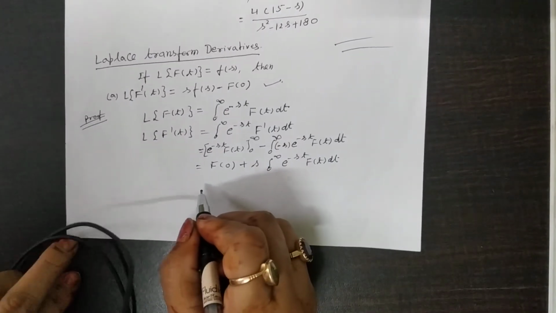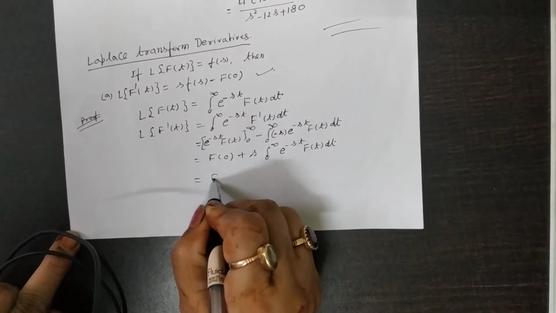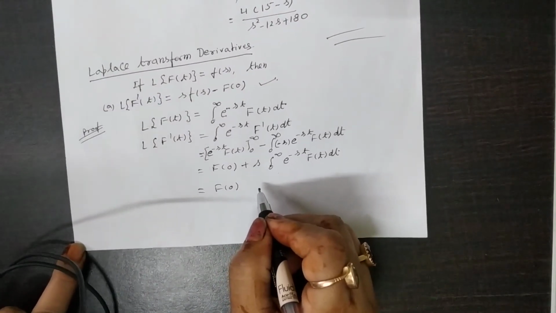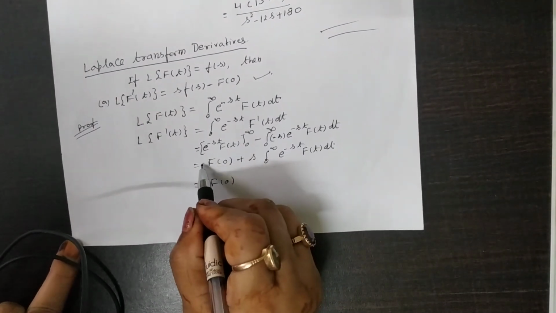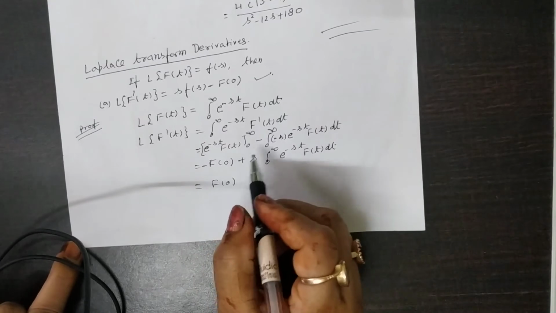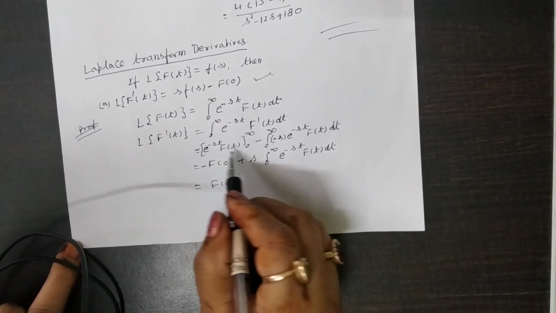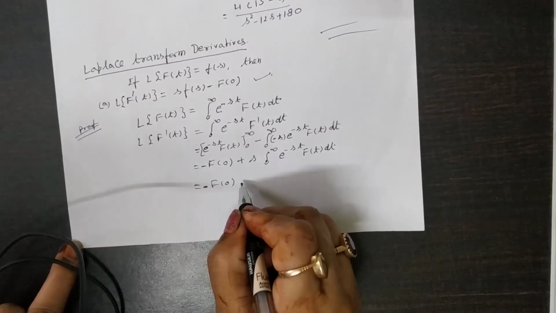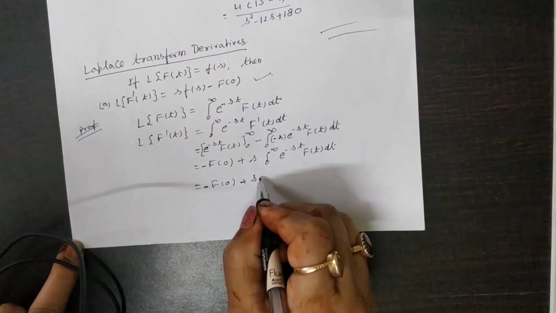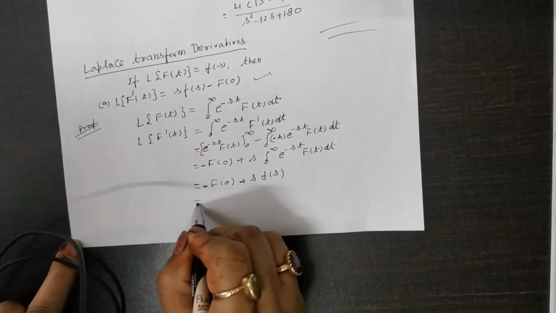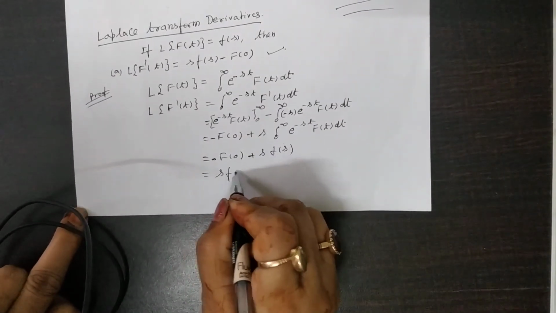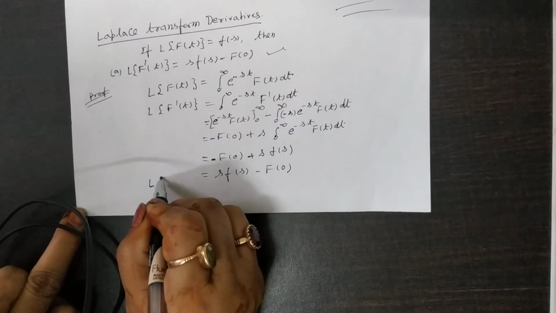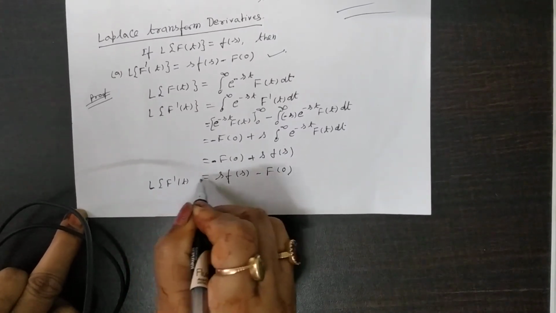Then this can be written with the limit taken: minus of f(0), since at infinity the term becomes 0, plus s f(s). So you can say s f(s) minus f(0) is the Laplace of f dash t. This is the first property.